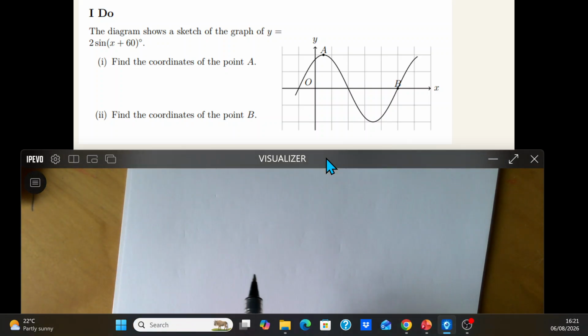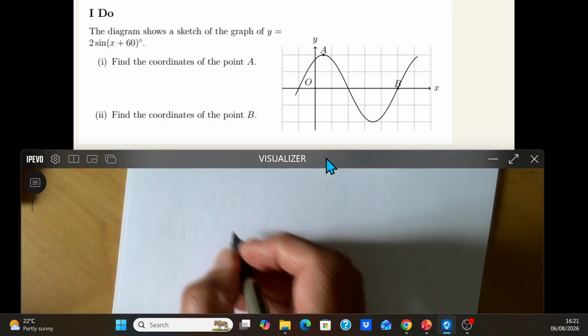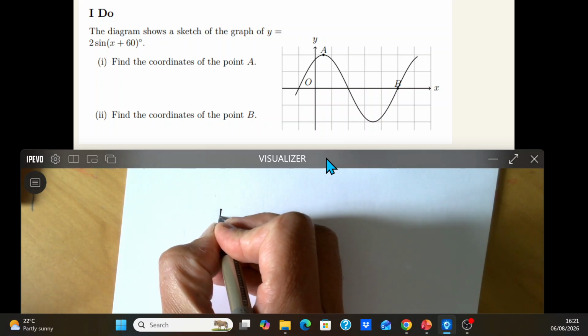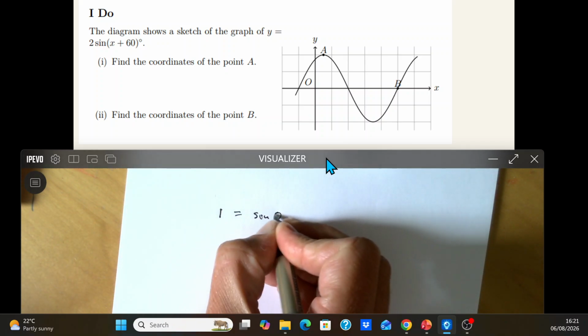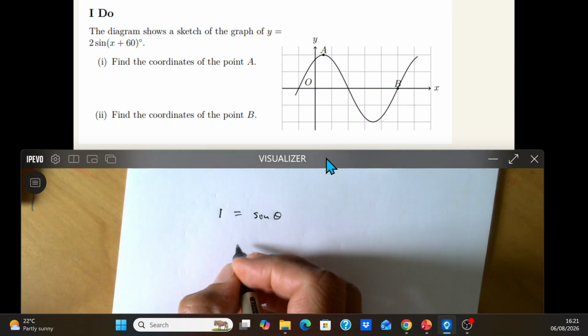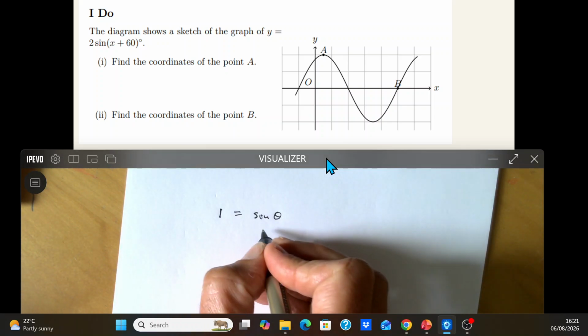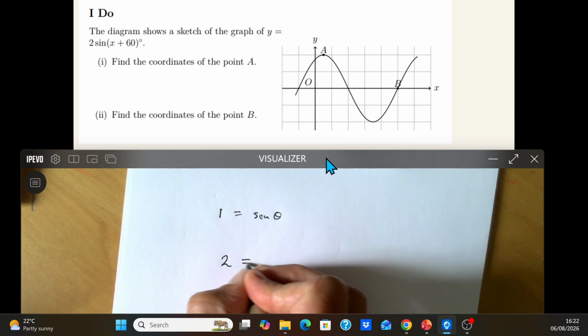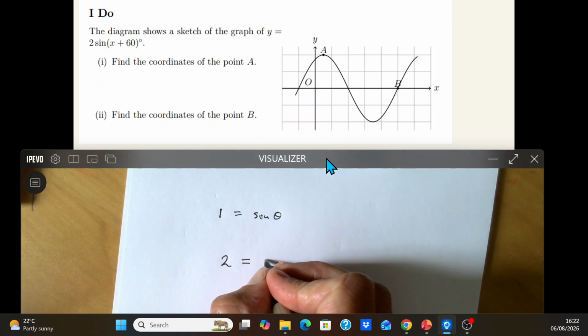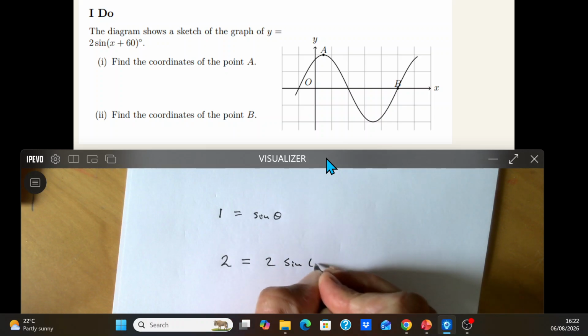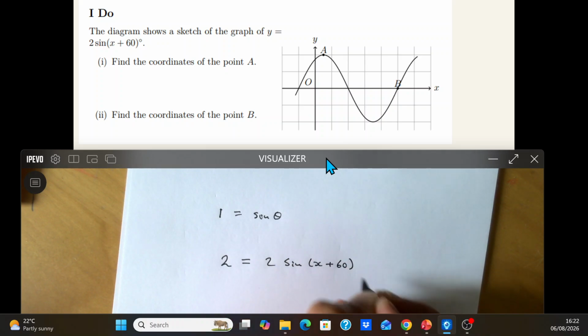Right, so what do we know? It's the sine graph. So we know the sine graph has a maximum of 1 for sine theta. It's the largest it can be. So we know, as it's two lots of that, the maximum must be at 2 equals 2 sine (x plus 60).